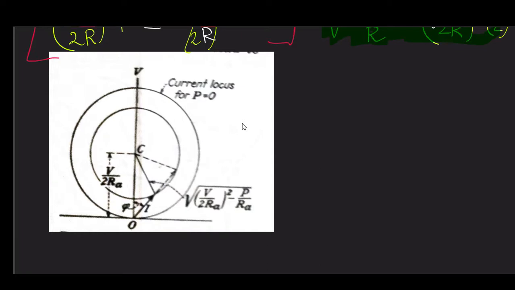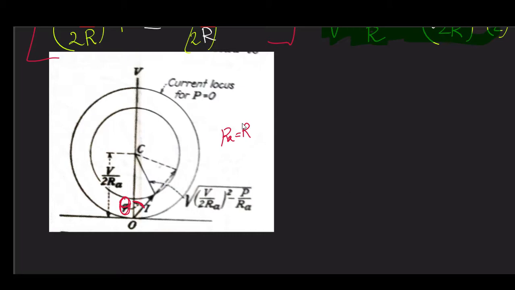Here it is the angle theta, and they use RA, meaning RA is equal to R. It is very interesting to note that you are getting a kind of circle at a center C. How does this circle come into the picture?